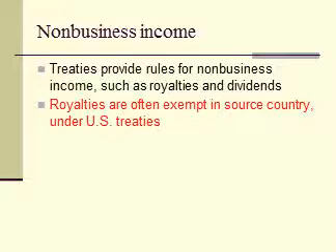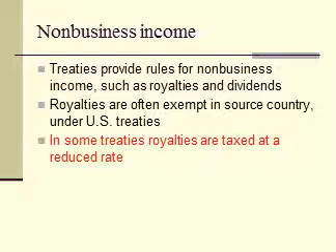Ordinarily, under U.S. tax treaties, royalties are not taxed in the foreign country in which they arise. Instead, royalties are taxed only in the recipient's country of residence. However, in some U.S. tax treaties, royalties are taxed in the foreign country, but are taxed at a rate set out in the treaty.